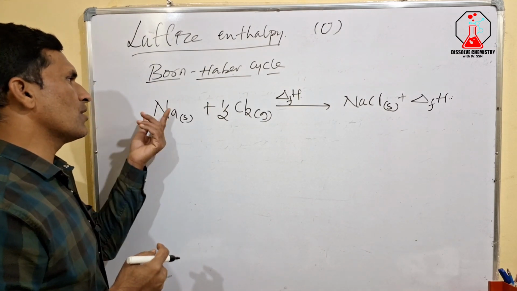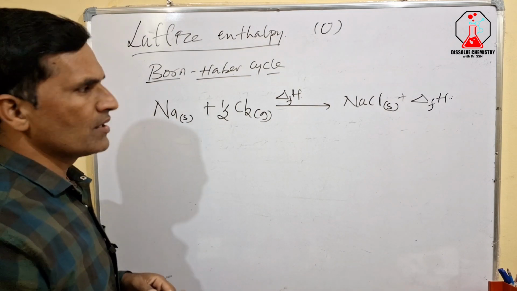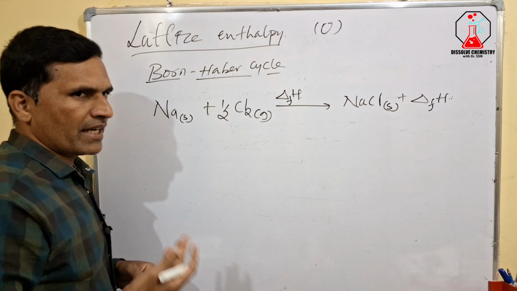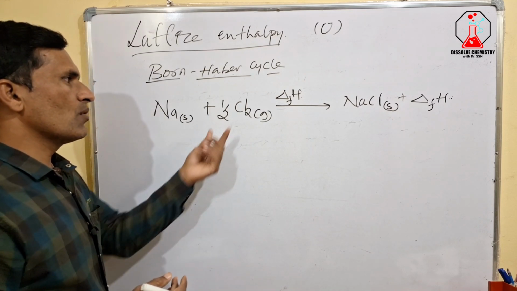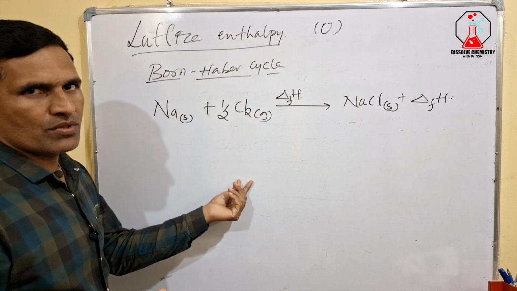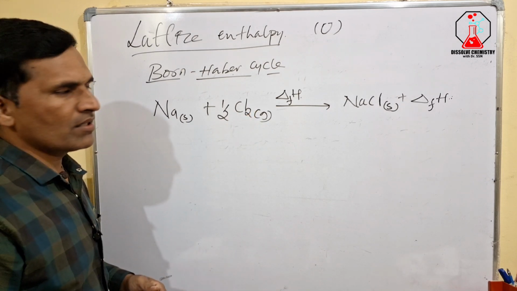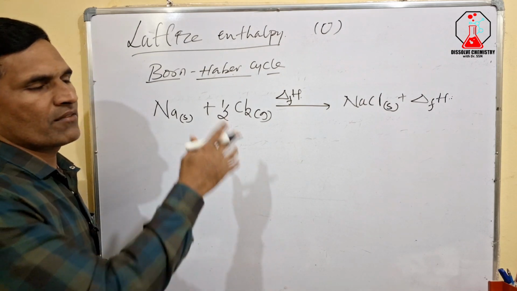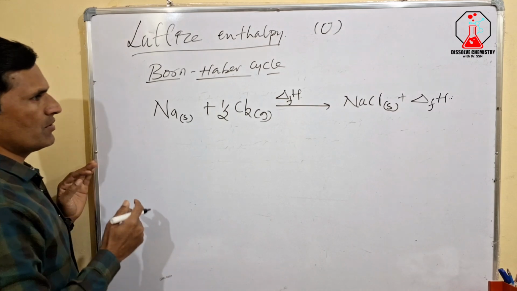To get gaseous ions, you have to convert sodium solid into gas. Then it has to be ionized, and it will form the sodium cation. Then the chlorine molecule has to be dissociated, and then it will accept the electron and form the anion. After that, they combine and form NaCl solid. So we will see step by step what is going to happen.